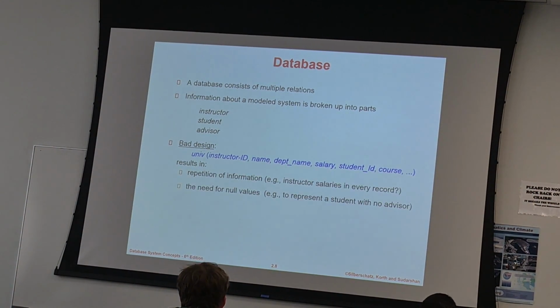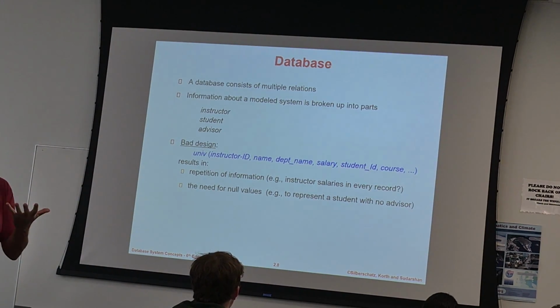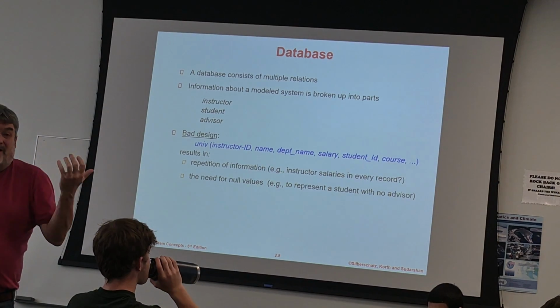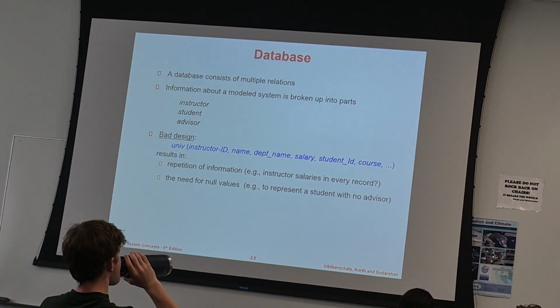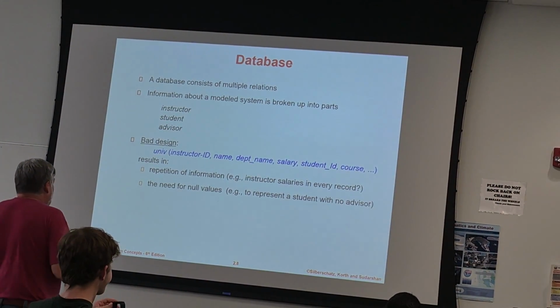So generally, a single table database is a bad design, unless really the situation we're trying to represent is so simple that it doesn't require more than a few attributes to represent anyway. Because there are other reasons why this is a bad design.